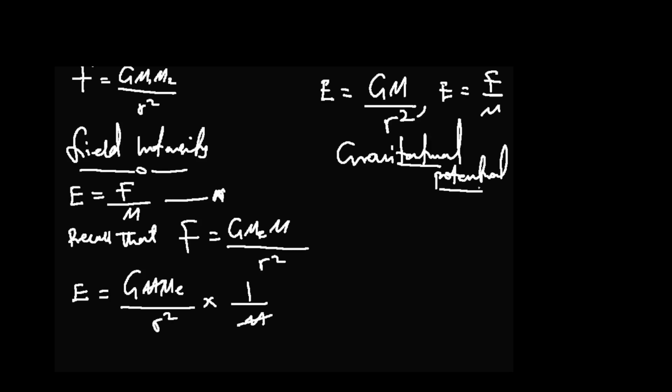Gravitational potential energy is the work done. Are you taking note of that? Gravitational potential is the work done in taking a unit mass from infinity to a point on the earth.